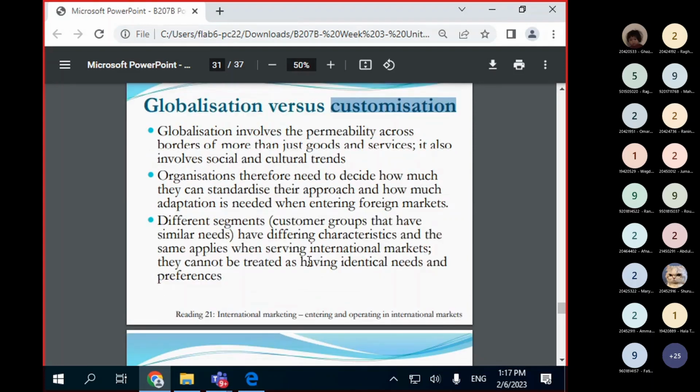McDonald's serves a different taste of burger here in the Gulf area. They use different spices, okay? They also use different spices in India, for example, where a stronger taste is required because the Indians are used to very strong peppers and curries and things like that, okay?